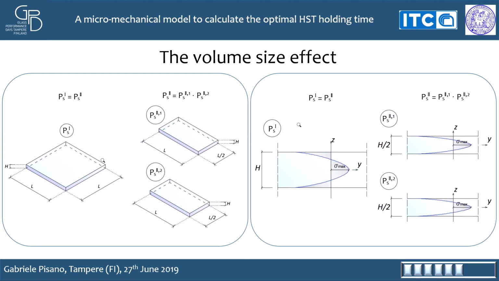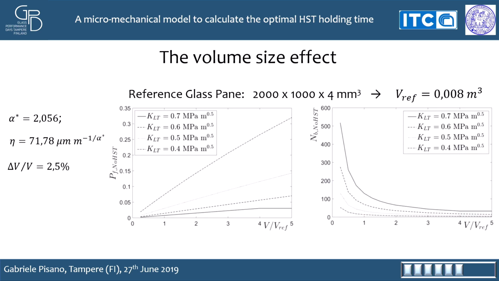And the same is true for the thickness. So if we compare a pane of thickness H with two panes of thickness H on 2, the survival probability of the thicker plate is exactly equal to the probability that none of the two smaller plates fail.